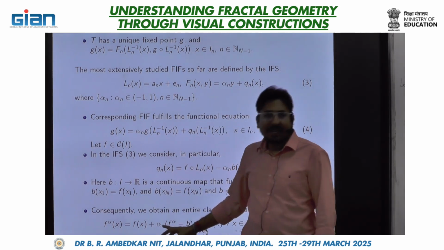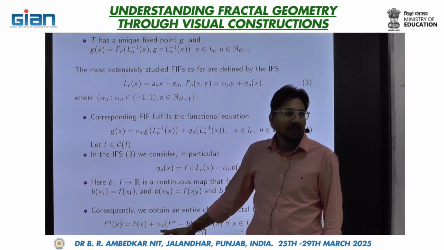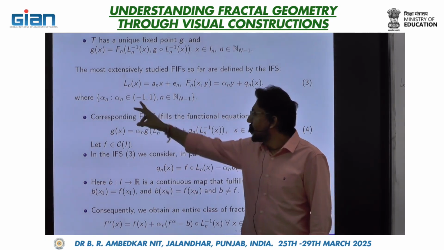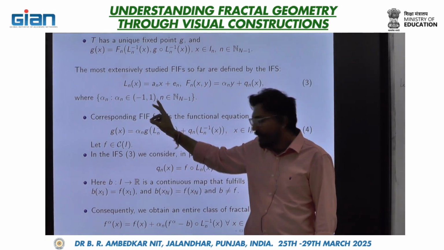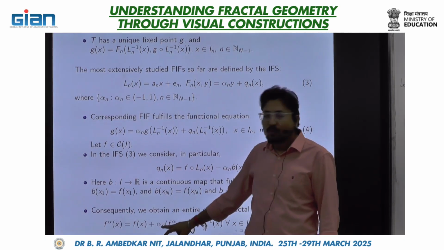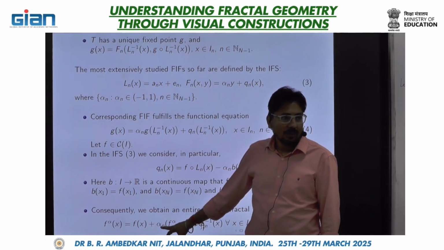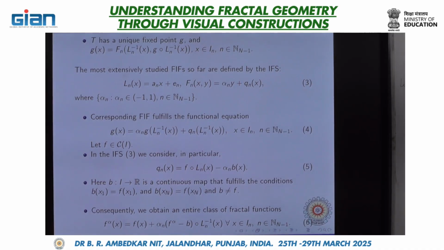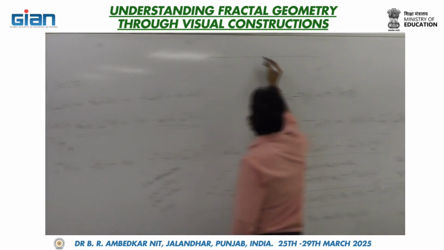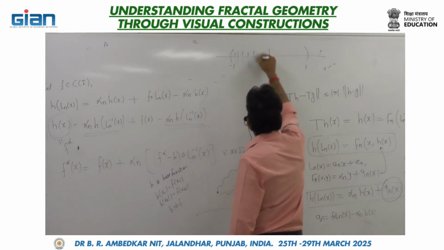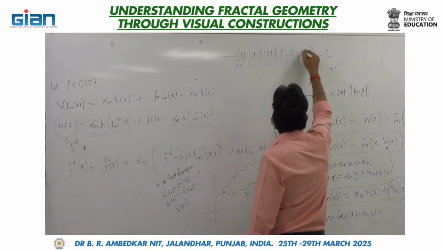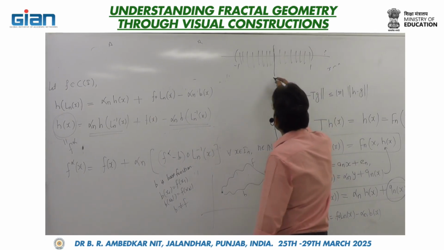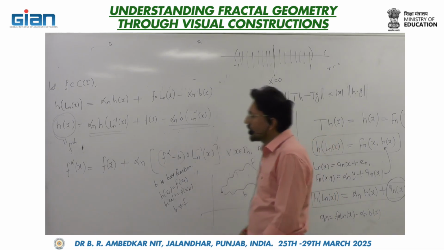Now you have many alpha, with alpha ranging from -1 to 1. Infinitely many values you can take. Somewhere here alpha is 0.